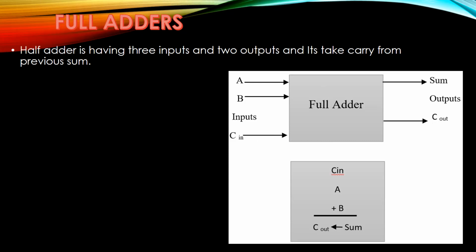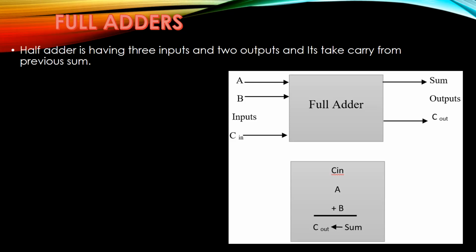Now we will see how to design a logic circuit. First of all, we need to identify the problem definition. A full adder contains three inputs and two outputs. In these three inputs, we may have 8 combinations, from 0 to 7.